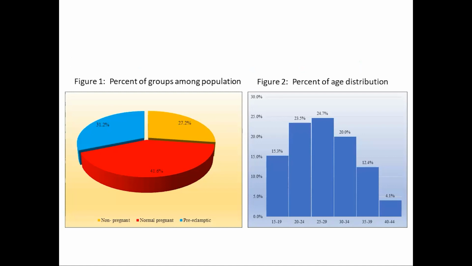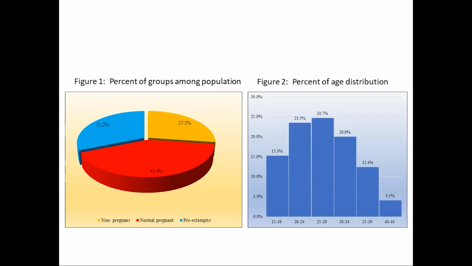The figure in this slide shows the percentages of the groups among the population, as you can see. The red color is the normal pregnant, the blue is preeclamptic, and the yellow is the non-pregnant. The percentage of age distribution is also shown, and this shows clearly that the age group between 25 and 29 was the highest age group of pregnancy.